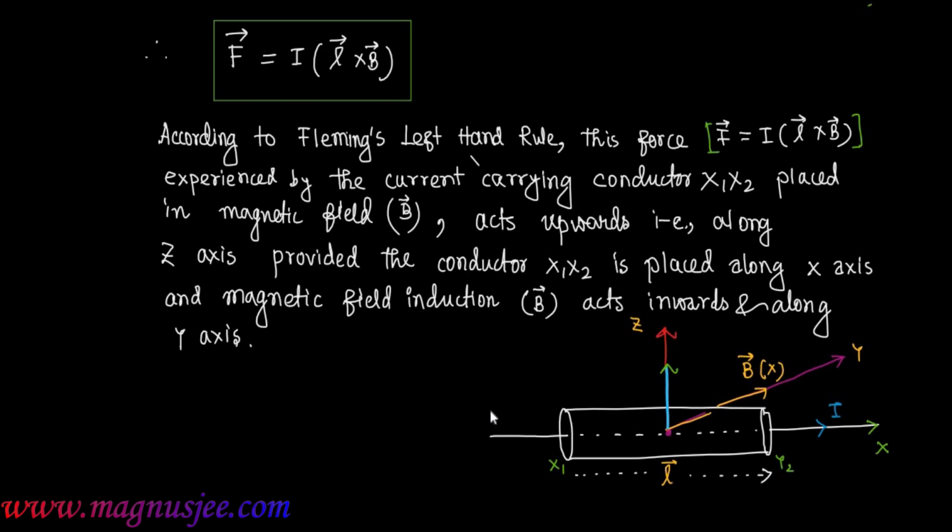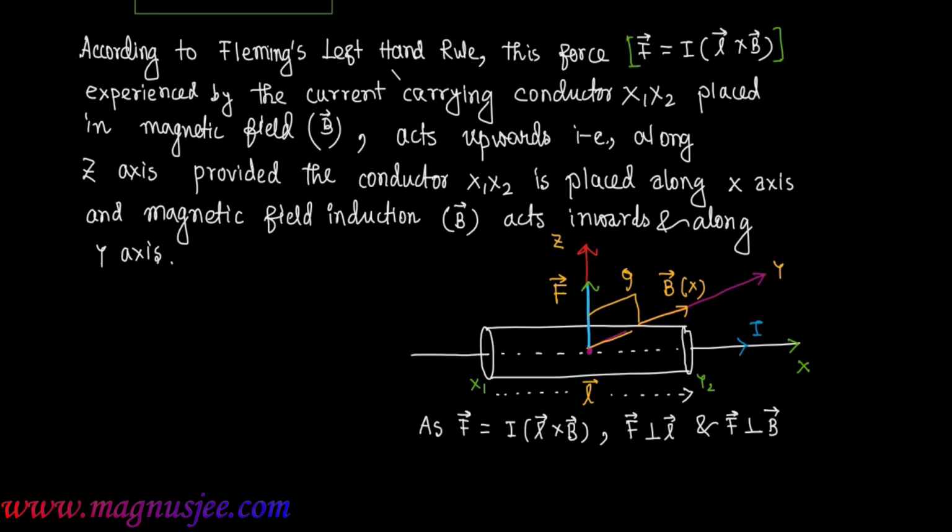If we denote the z-axis, the force vector F experienced by the conductor carrying current I acts along the positive z-axis. As vector F equals I vector L cross vector B, this force is perpendicular to the length vector and perpendicular to the magnetic field induction vector.